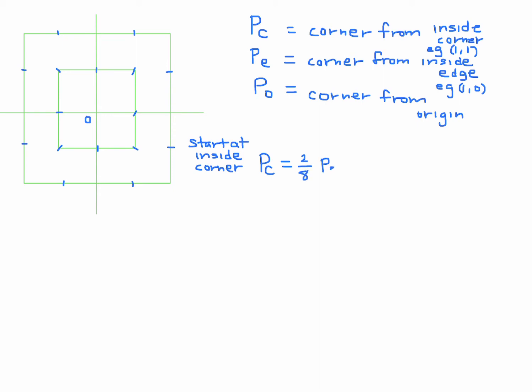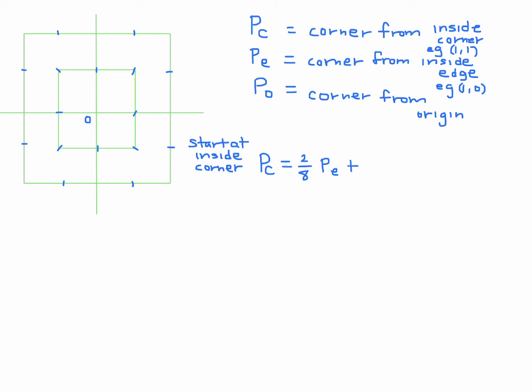Let me explain that first. We are starting at an inside corner, here, and this is an inside edge, and this is an inside edge. There's a probability of 1/8 of going there and a probability of 1/8 of going there, so you have to add them. That's why it's 2 over 8. Okay, that takes care of that.